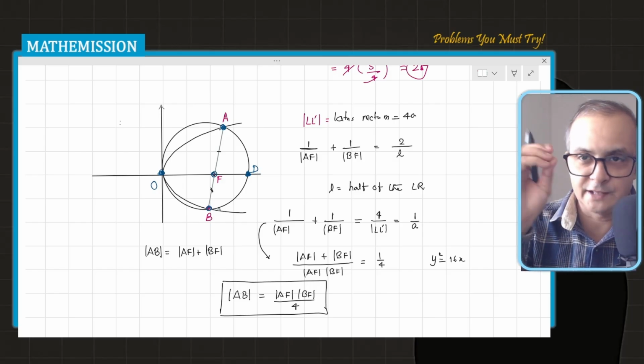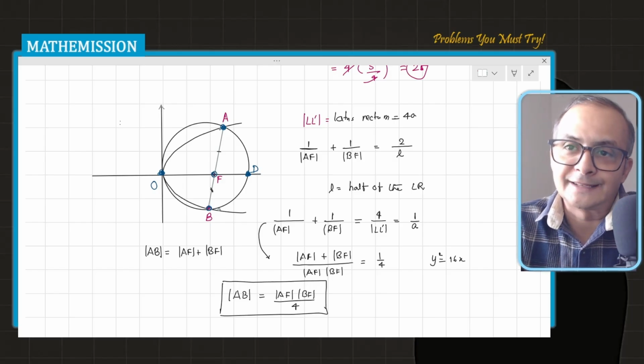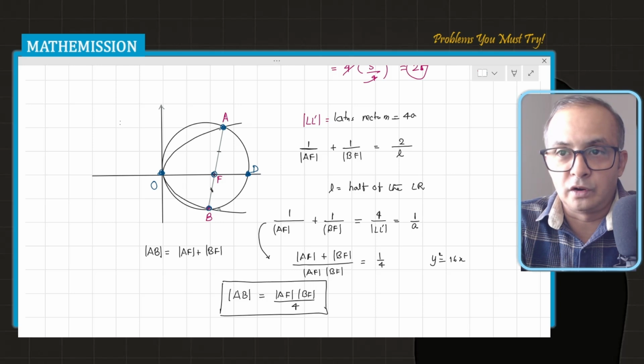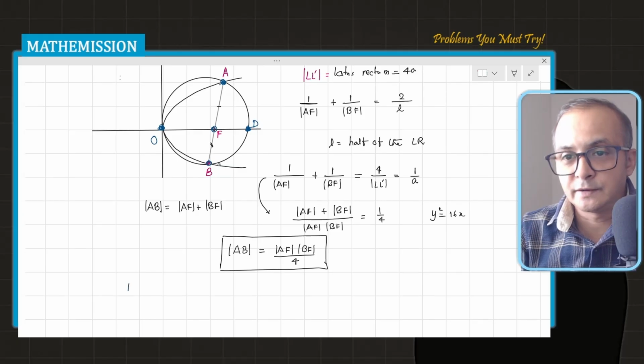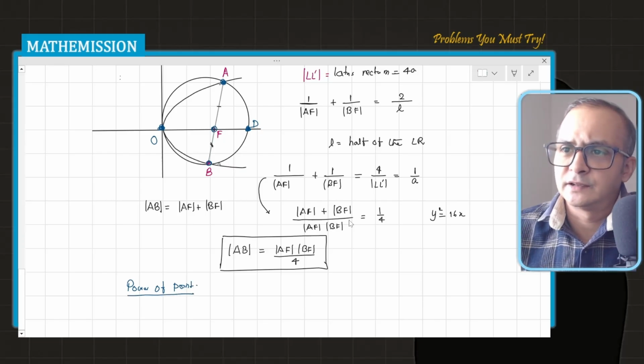Now I'm not seeing the parabola anymore. I simply see that focus is on one of the chords of the circle. That chord is AB, because AB is also a chord of the circle. So if I use the power of a point, what I'm using here? Power of a point of the circle. And this is, I think, a class 10 property.